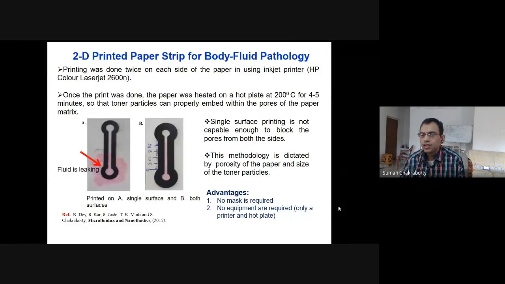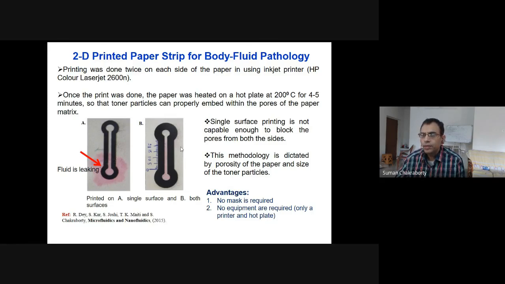So we have developed a very simple inkjet printing based procedure where the design of the microchannel is printed on the paper, which is a special quality paper, and it is heated for 4 to 5 minutes at around 200 degrees centigrade, so that the toner particles which have come from the printer will melt and block the pores, so that this black colored structure, which is the hydrophobic barrier, is created, and the body fluid flows from the source to the destination by capillary action in the paper pores, so that there is no pumping required.